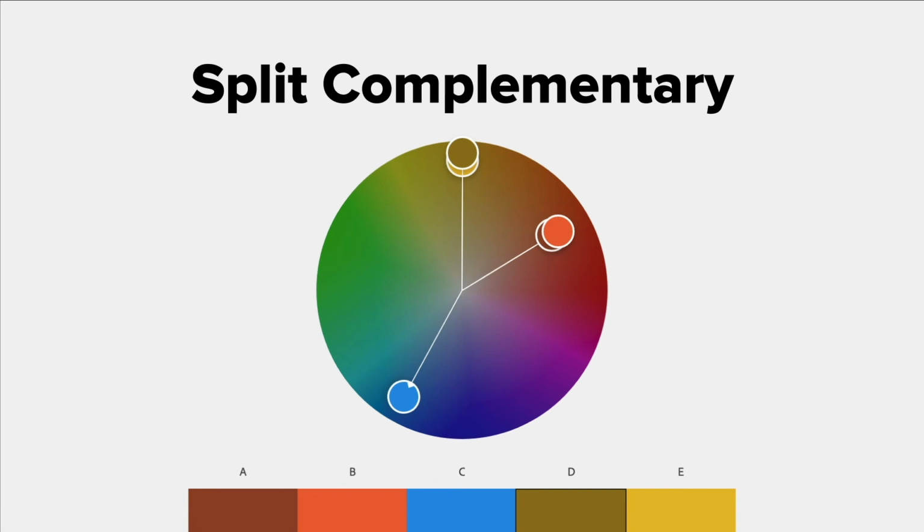These colors can create a good contrast, but not as high as complementary colors. Whenever you're using this scheme, it's recommended to choose one dominant color, which you're going to use for the very most part, and then the other two for the accents.